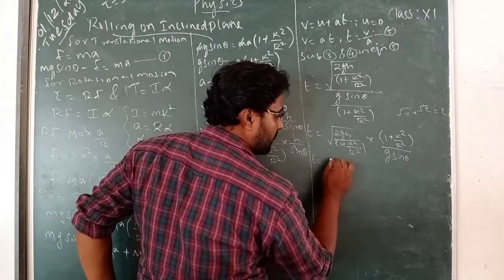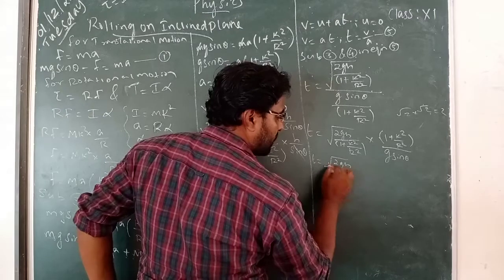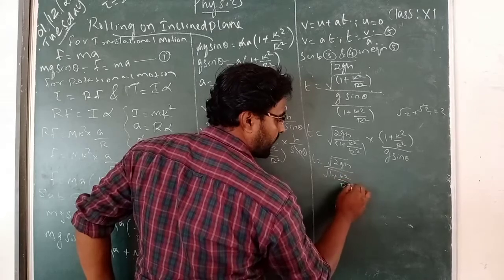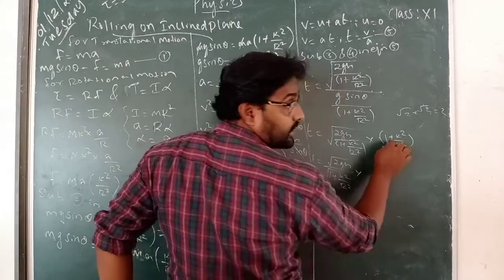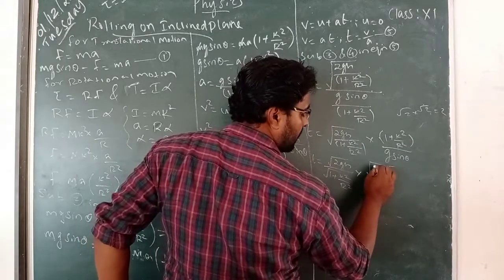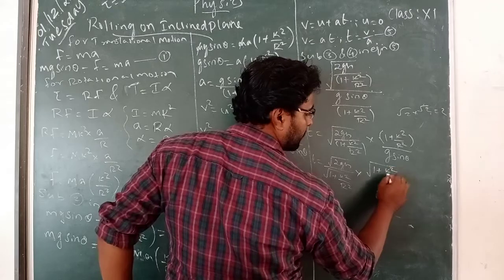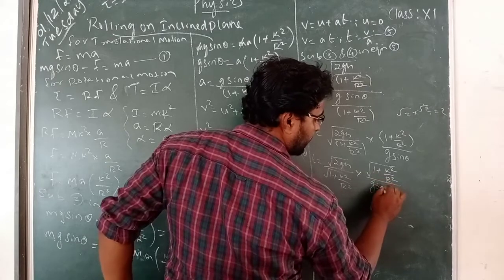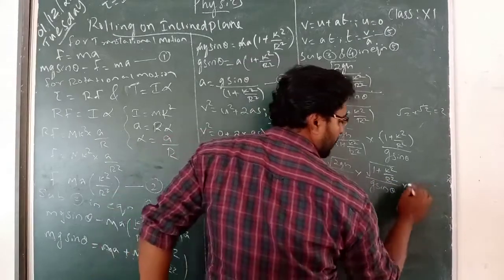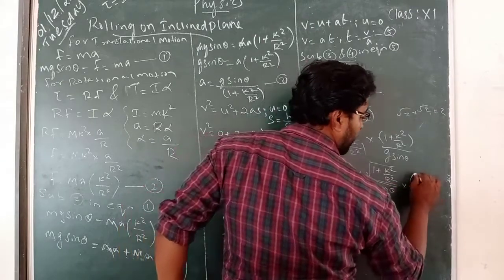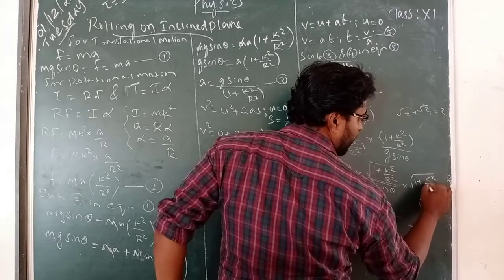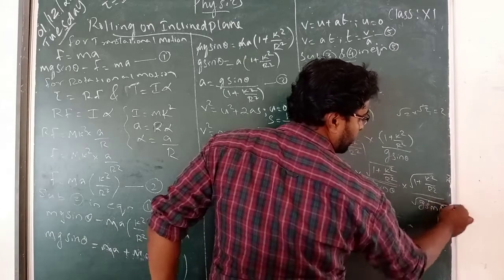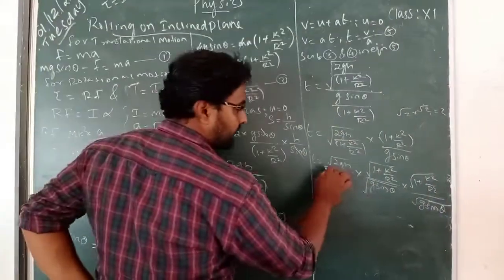So you can write this 2 times with the root like this. T is equal to root 2gh by root of 1 plus k square by r square, into 2 times root of 1 plus k square by r square by g sin theta, into root g sin theta into 1 plus k square by r square divided by root g sin theta. Now you can cancel this.